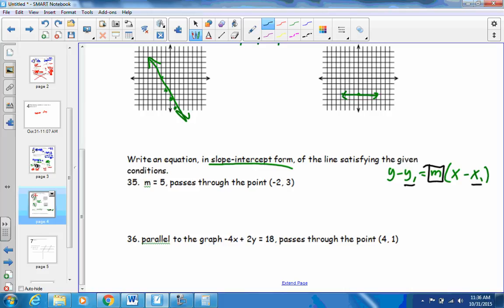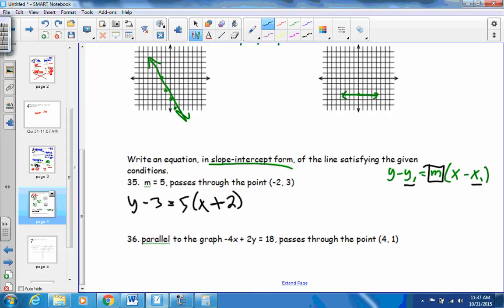You don't have to. You can plug it into slope-intercept form and solve for b, and then put that back in. But for right now, I'm going to use point-slope form. I'll plug in y minus the y value, 3, equals the slope of 5 times x minus the x value of -2, minus -2, which would be x plus 2.